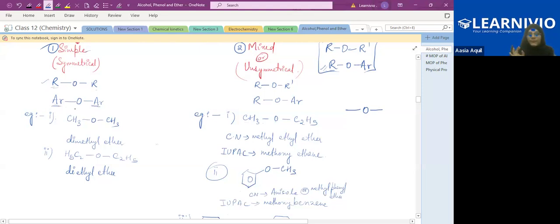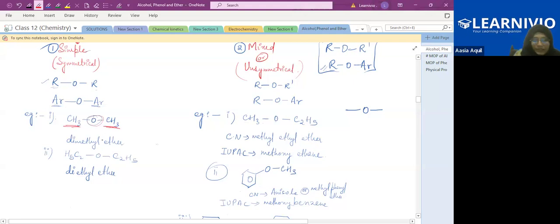First one, symmetrical type. Let's see the example CH3OCH3. This is the ether linkage, and on the left side and the right side, both are methyl groups. What are you supposed to do?